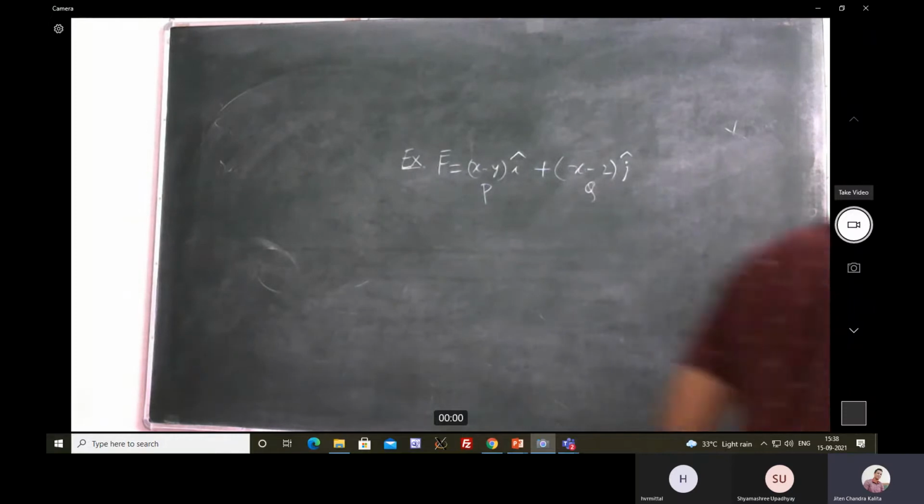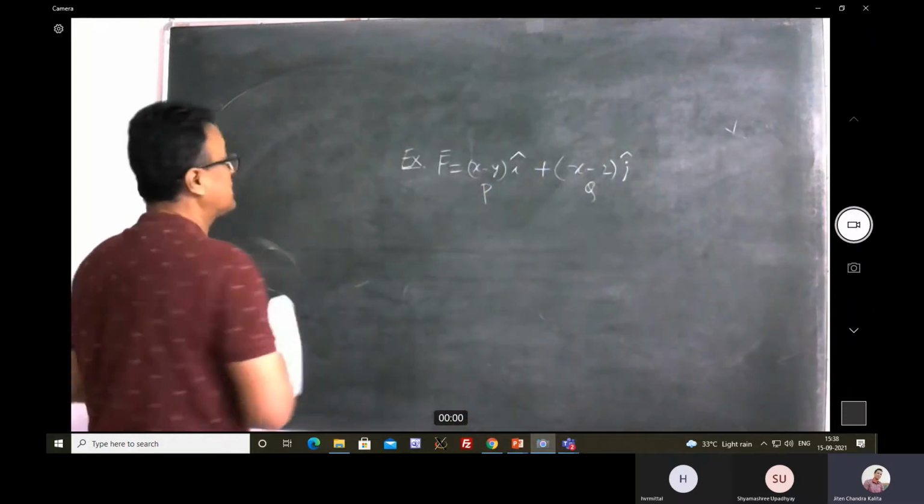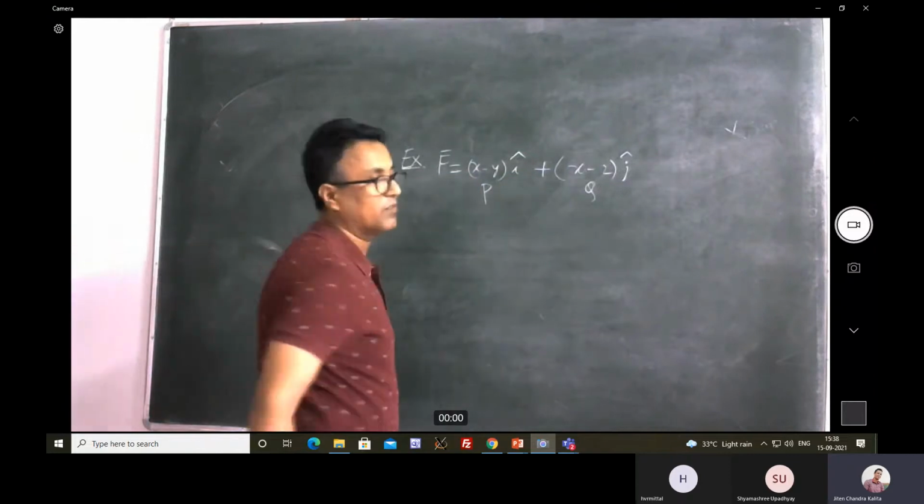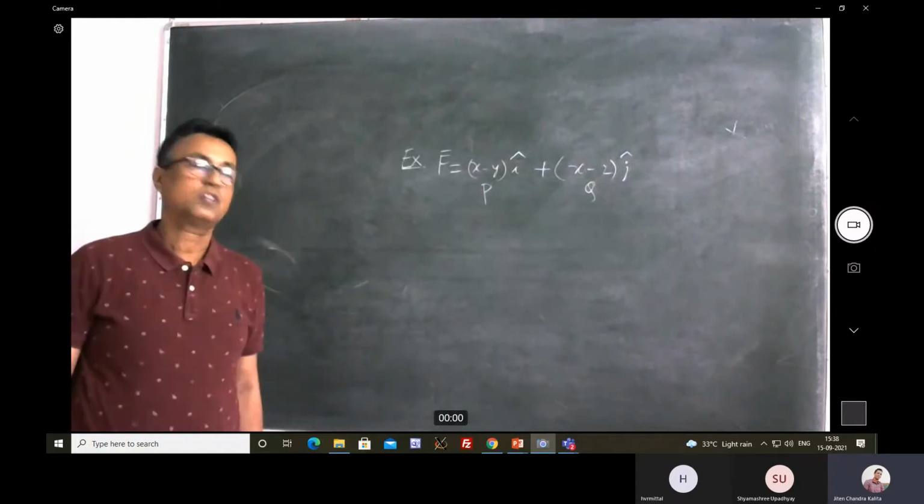Fine, so let us consider this example. F is a vector field given by this. The question is, is it conservative?